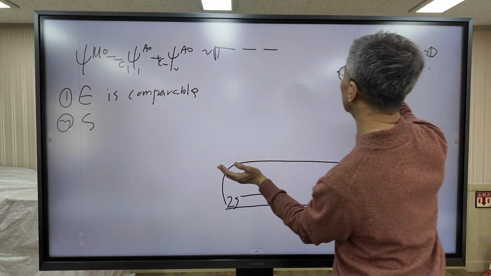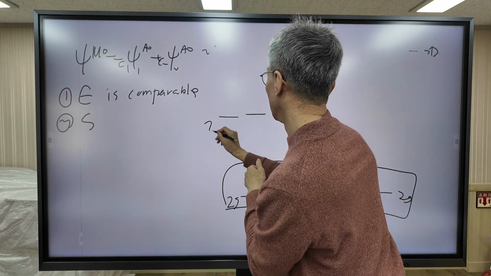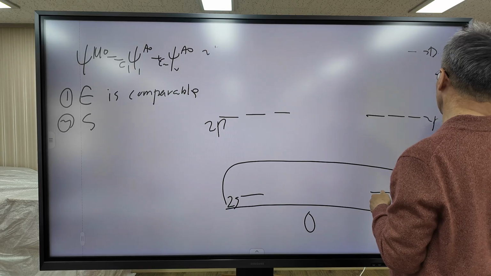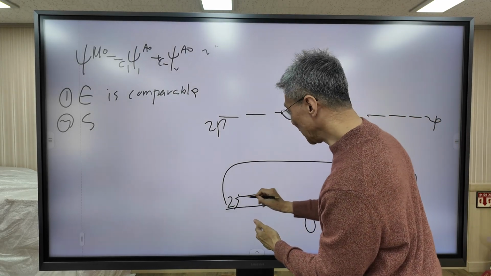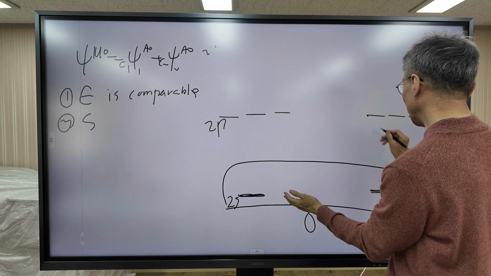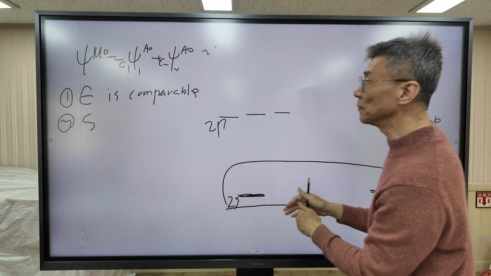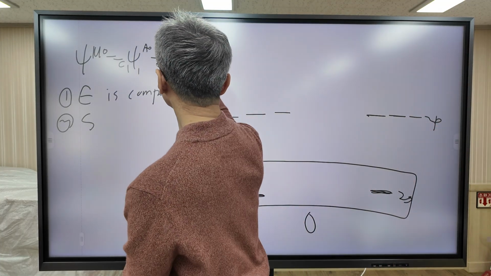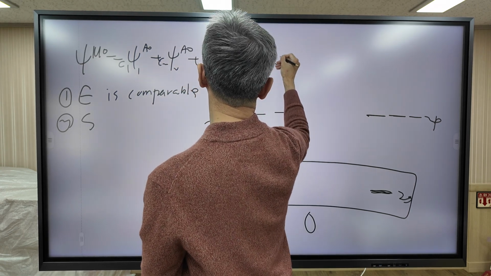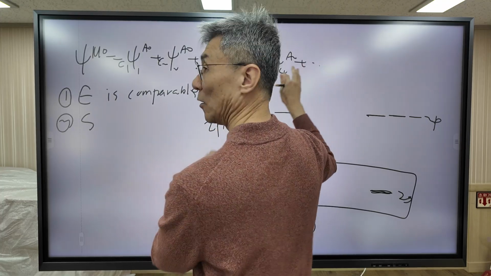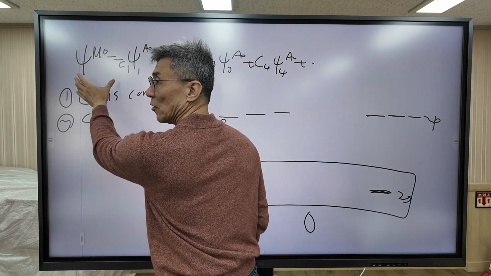But for N2, 2p is here. Now the 2s orbital and 2p orbital are very close. Now the 2s orbital interacts with the 2s orbital and the 2p orbital. These orbitals can interact with each other. As I said before, normally molecular orbitals are expressed as a linear combination of atomic orbitals. Normally, only two terms are enough to express a molecular orbital.